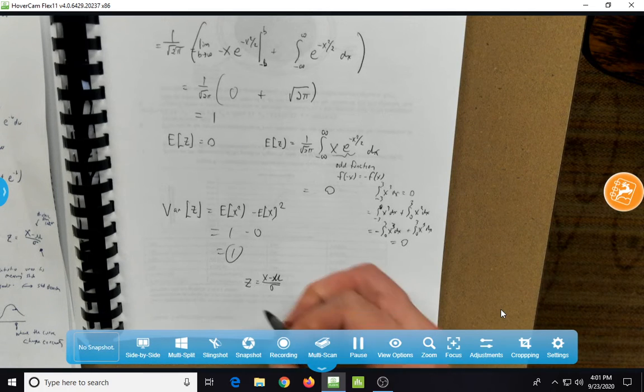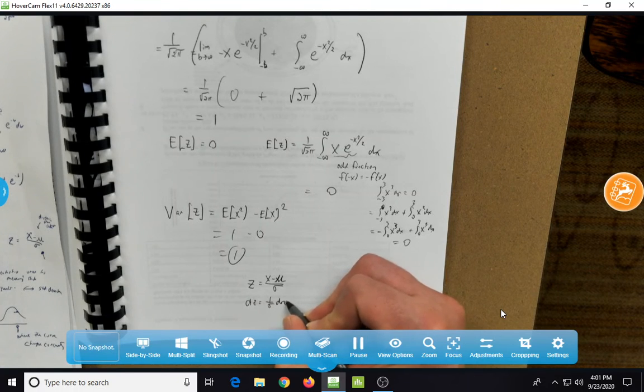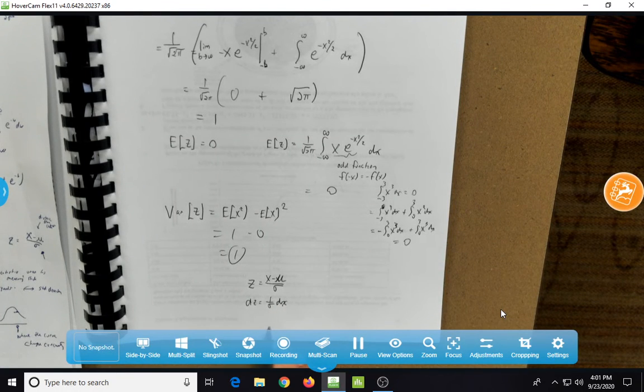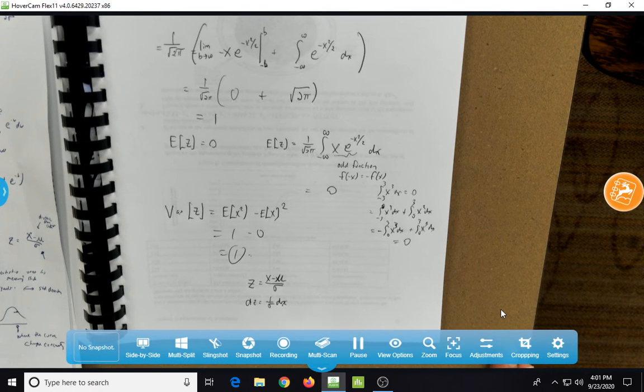And you might have something like dz is equal to 1 over sigma dx, and you can change it to the standard normal distribution. But the big part is that the variance of Z is indeed 1, which is also the inflection points of the curve.